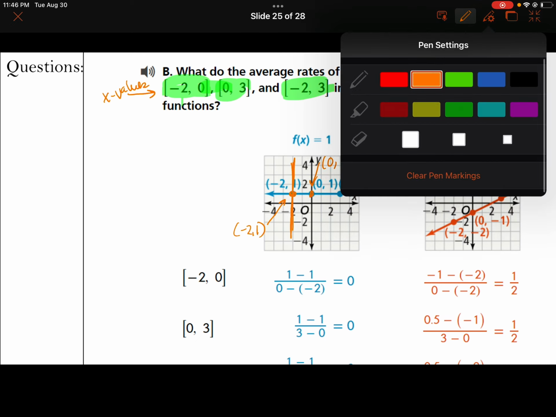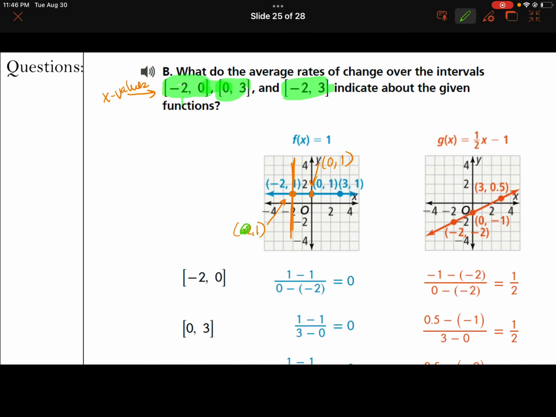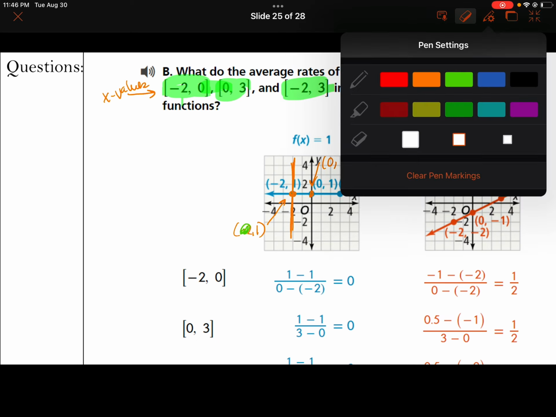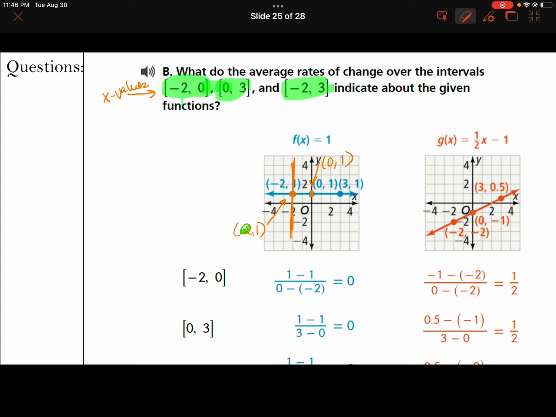Okay, so I'm looking at -2, 1, and 0, 1, because remember, the x value here is -2, the x value here is 0.